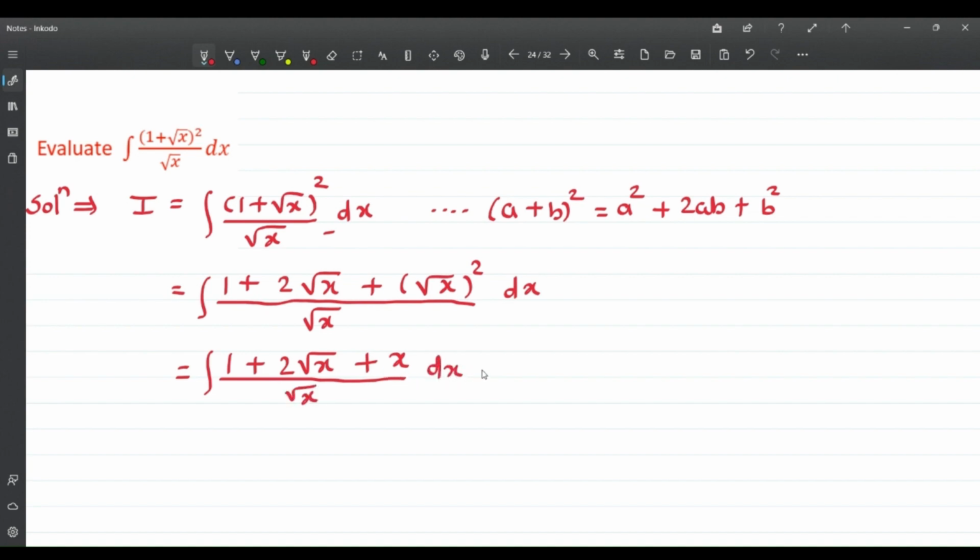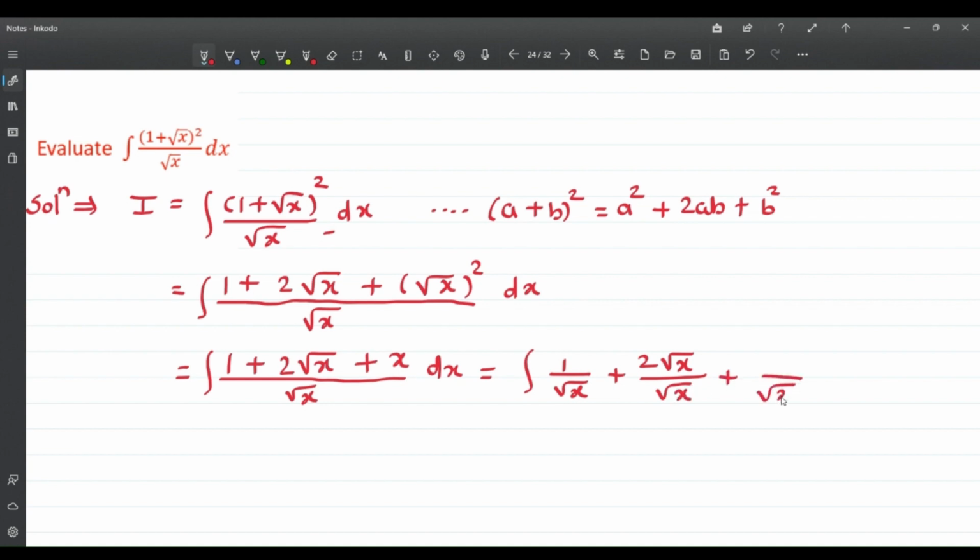Now we have to separate the numerator, meaning this root x is divided into each and every term of the numerator. So now we can take 1 upon root x, then the second term 2 root x divided by root x, plus x divided by root x.